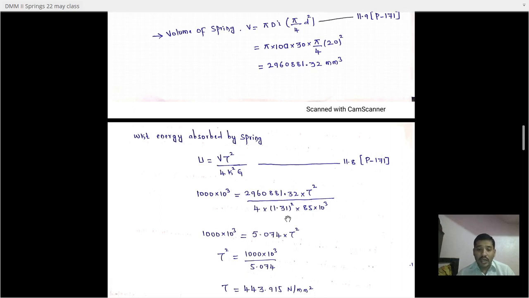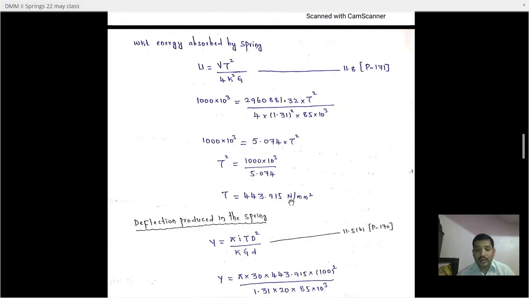After that you need to multiply these terms. So 1000 into 10 power 3 equal to 2960881.32 divided by 4 into 1.31 whole square into 85 into 10 power 3. If you calculate this whole value, you will get 5.074 into tau square.